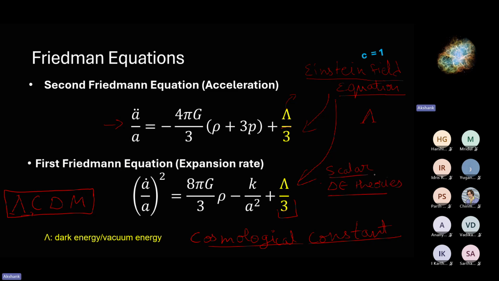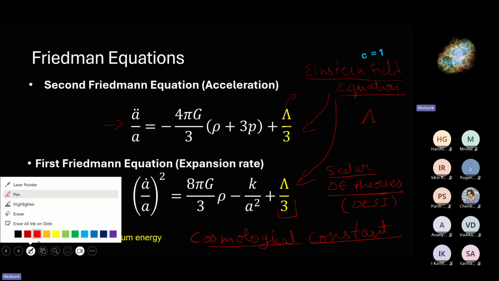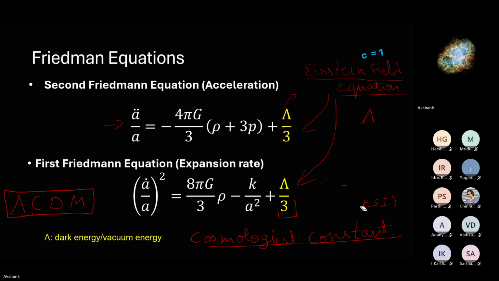Recent data from DESI suggests that scalar dark energy theories, where this whole term is not a constant and changes with the history of the universe, seem to be a much better fit for the data that we observe. But for today's lecture, we'll only deal with the cosmological constant. Any other questions?